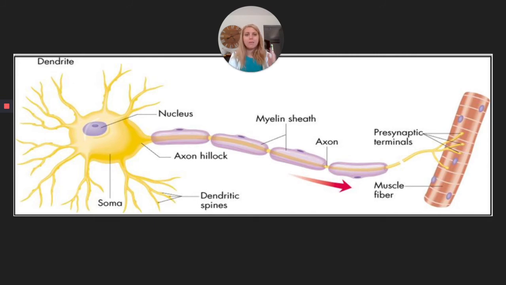So I keep mentioning the fact that we are sending a message, okay? And when we talk about this sending of a message, where it's being received from the dendrite, processed in the soma, and sent along on the axon, the message itself in many diagrams of neurons is often depicted utilizing an arrow.